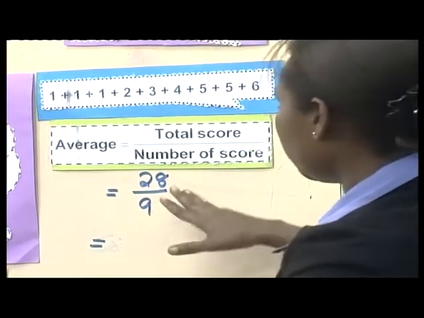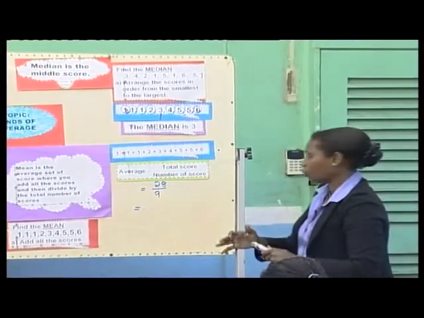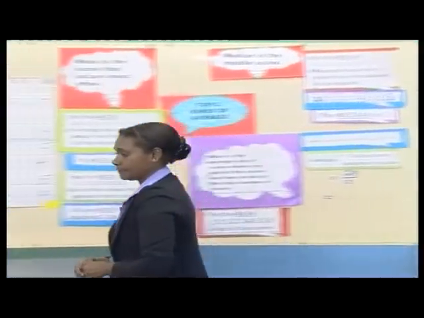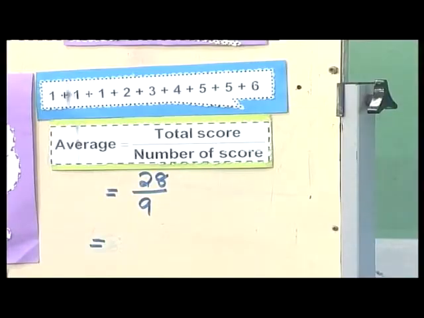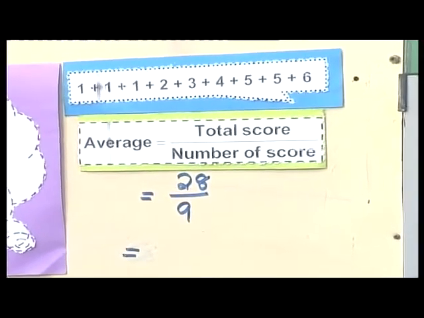So quickly, you divide 28 by 9. In your groups, I'd like you to work out the answer to that. You can go by the longer method, 28 divided by 9.